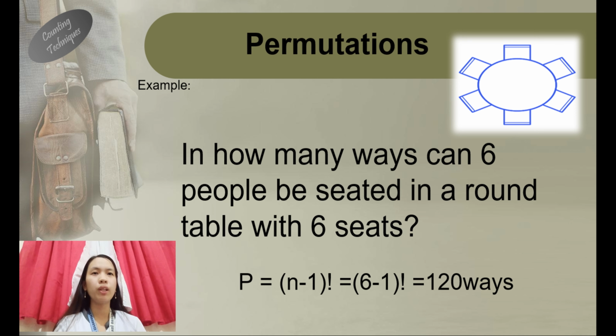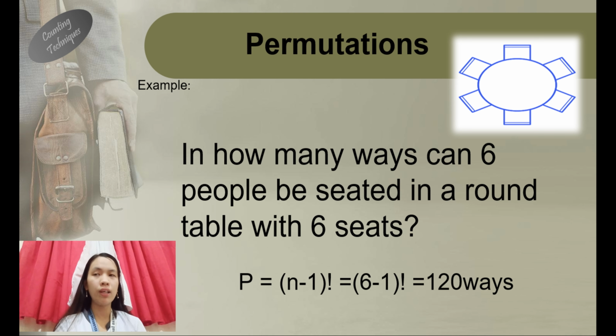We have an example here. In how many ways can 6 people be seated at a round table with 6 seats? Our answer for this is we have to use the formula given. P equals the quantity of n minus 1 factorial, which is equivalent to the quantity of 6 minus 1 factorial.